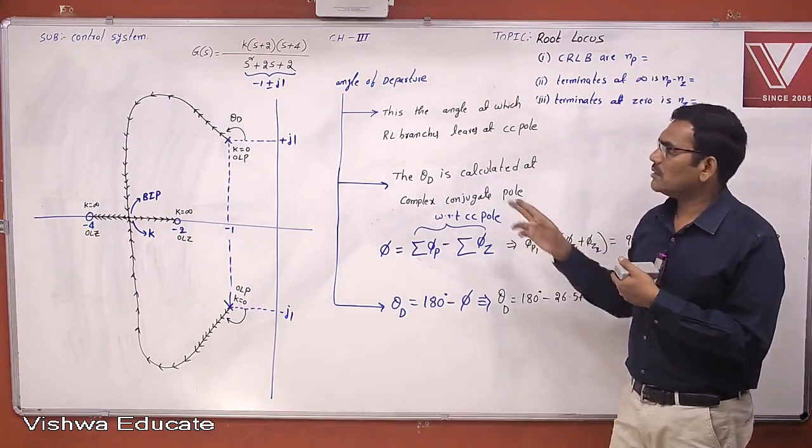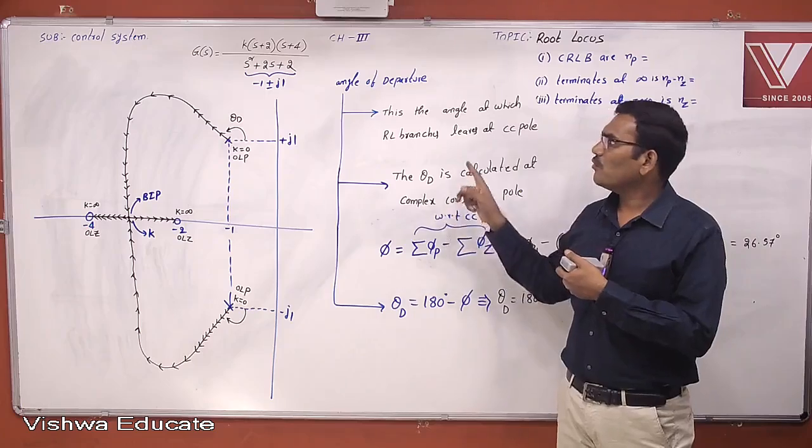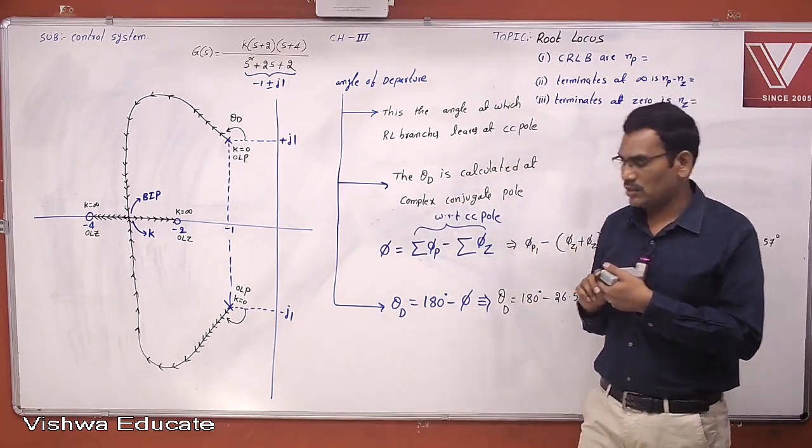Okay. Now, this is the root locus diagram, and this is the way to find the angle of departure. Okay, you just note this.